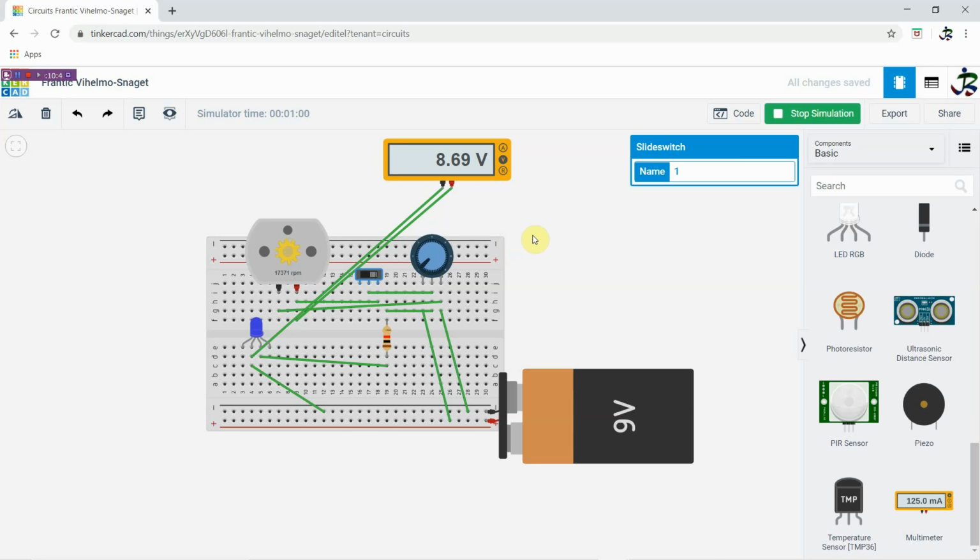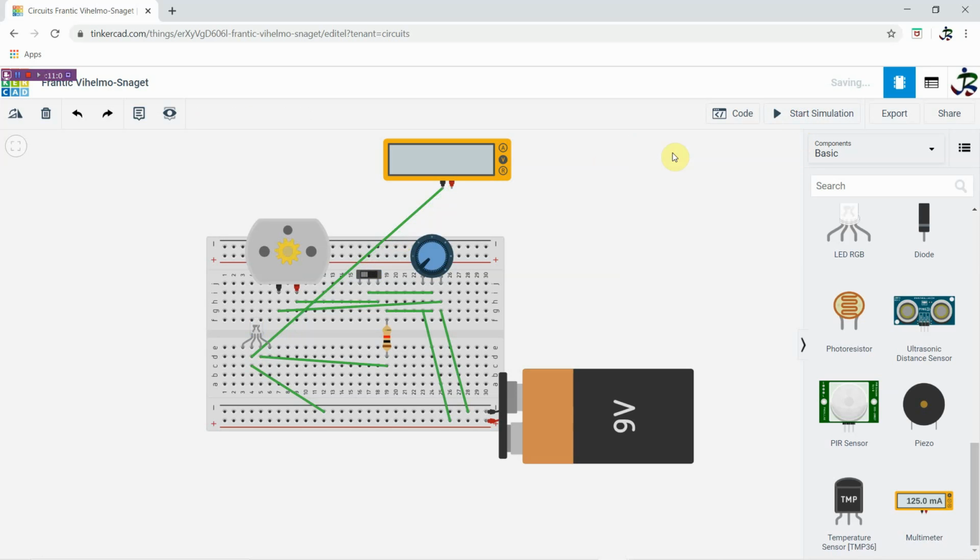Now the second project you will do is to again use the multimeter. You will check how to use the multimeter, and with its help you will find the voltage going to the motor, the voltage going to the RGB, and the voltage of the potentiometer. So remove this positive. You have to stop the simulation, remove the positive, and connect it to the output terminal.